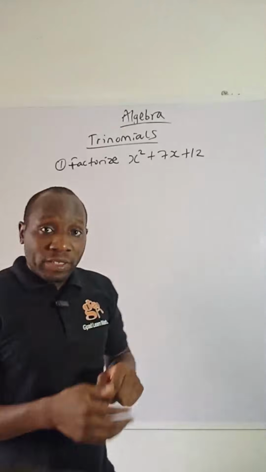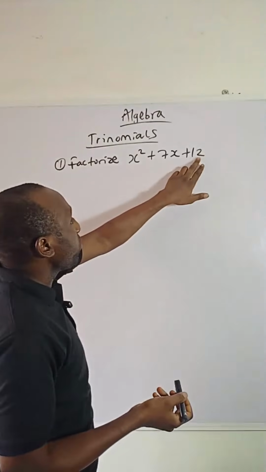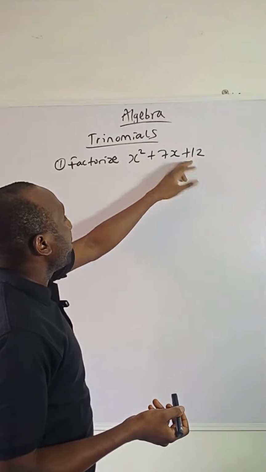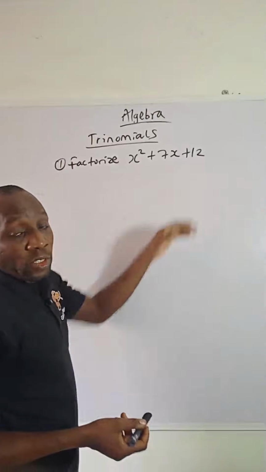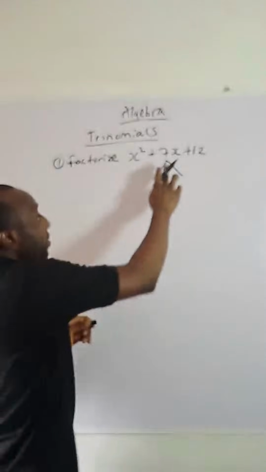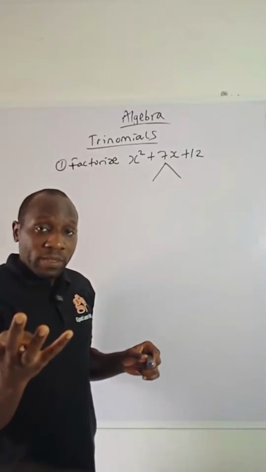How are you going to factorize? Are you going to say x is common? No, you can't say that because there's no x here. Neither can you say 7 is common or 12. So the goal is to now split 7x into two terms. Once you split 7x into two terms, it will now have 4 terms.